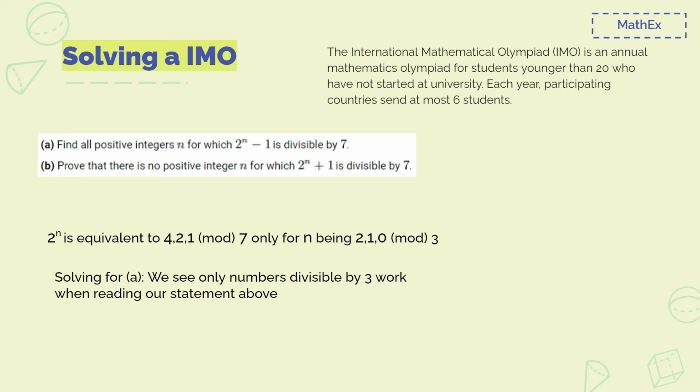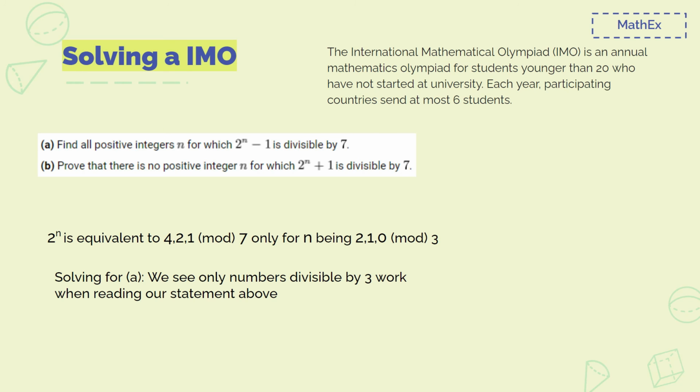And how we got this is basically we need to get a 0 to get divisible by 7, and we can't get 2 to the n congruent to minus 1 mod 7, as minus 1 mod 7 translates simpler, when you have it positive, into 6 mod 7. And in this statement here, I don't see a 6, so 2 to the n can never be this minus 1 mod 7.